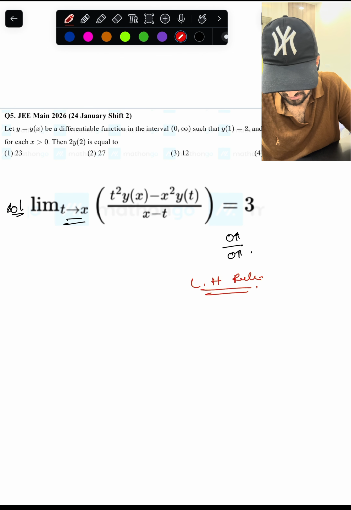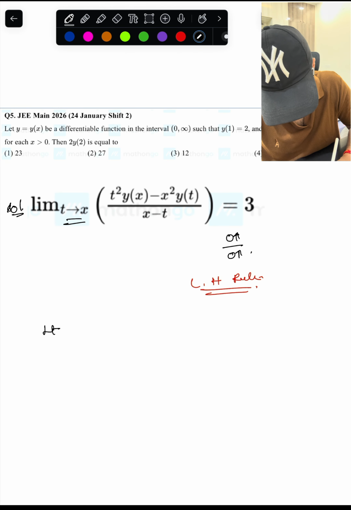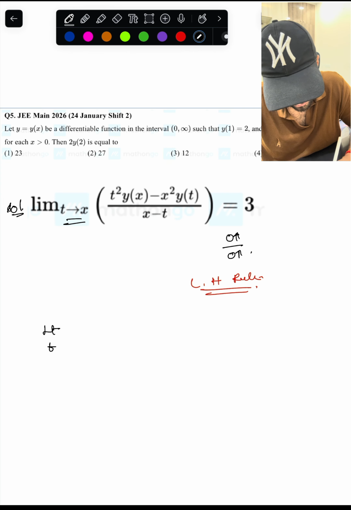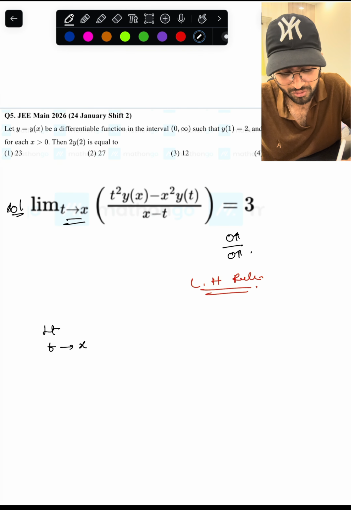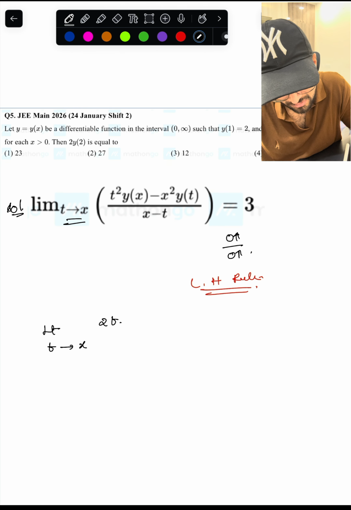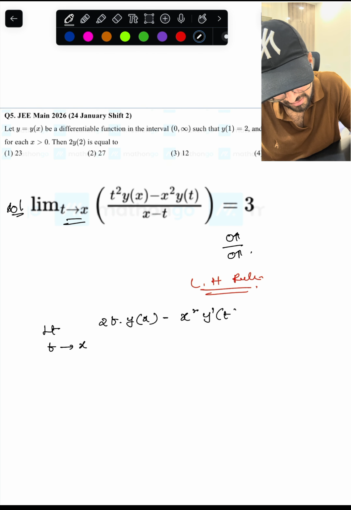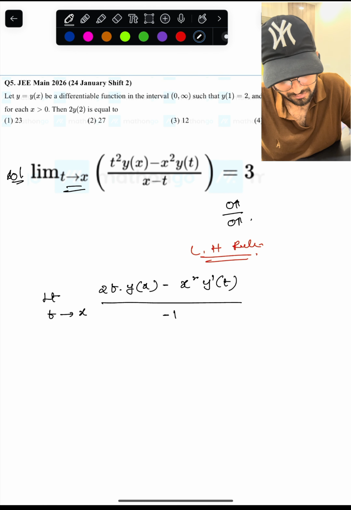So what does L'Hospital rule do? Differentiation of the numerator by differentiation of the denominator. So limit t approaching x, the variable is t, remember that. So you have to differentiate with respect to t only. That means 2t into y of x minus x square into y dash of t, whole by minus 1, right?